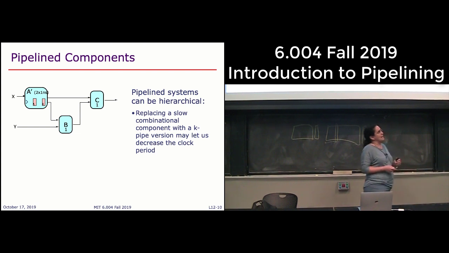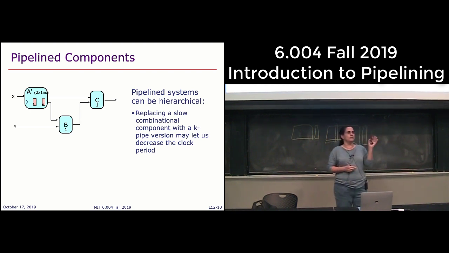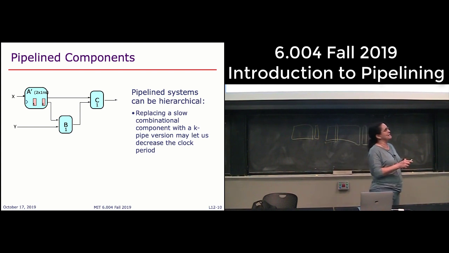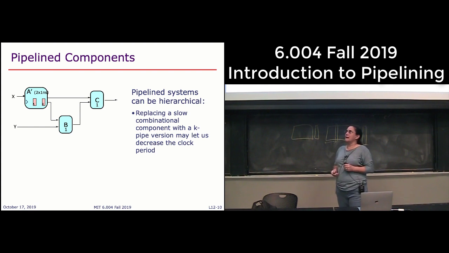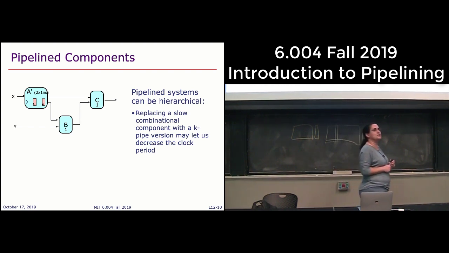But suppose that someone was able to give me a pipelined implementation of A, which now has two pipeline stages in it, and each of those stages takes 1 nanosecond, okay? So my A still behaves as before, in that its full delay from input to output is 2 nanoseconds. But what changed by adding this pipeline version of A instead of my original version of A?